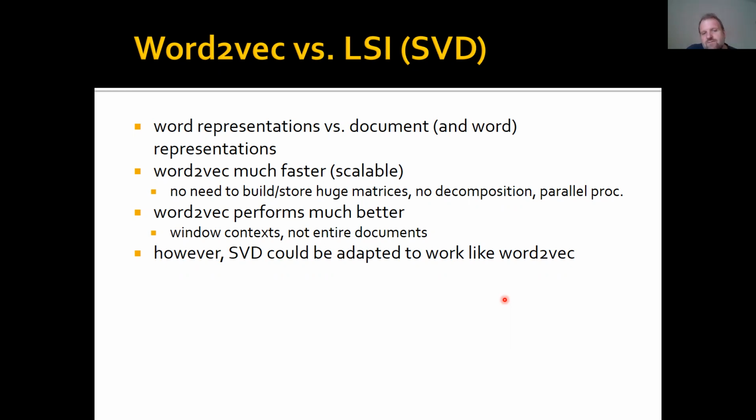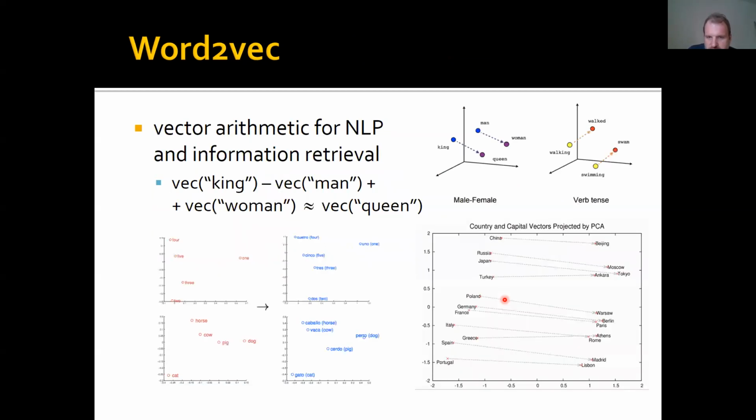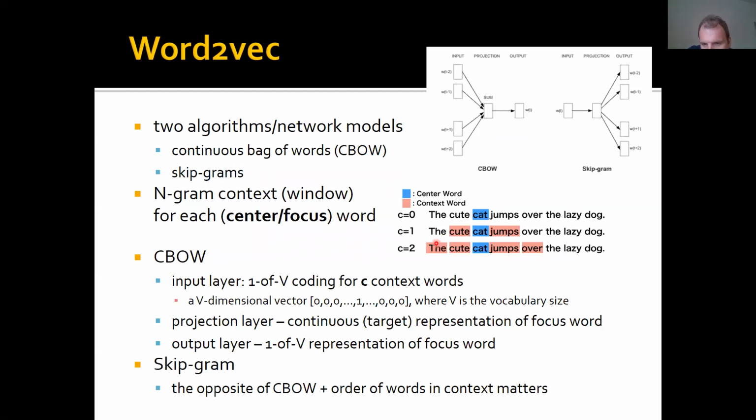So the linguistic features of the text are retained, because in word2vec we really have these windows, and there is only a small window over the whole text, so these keywords are really close together.